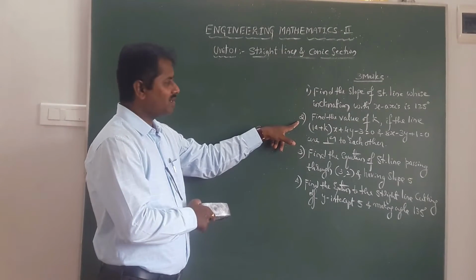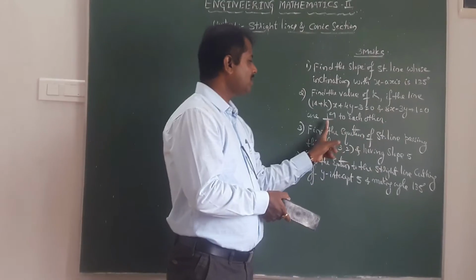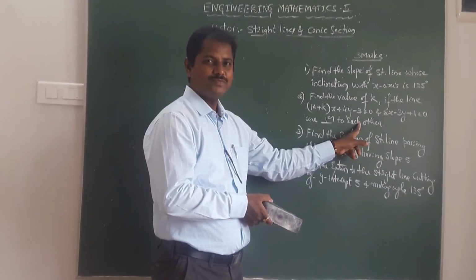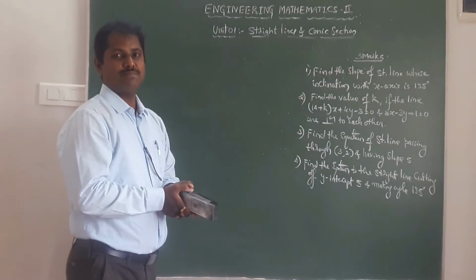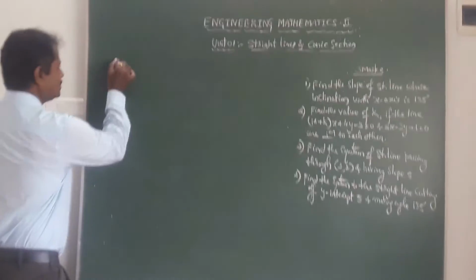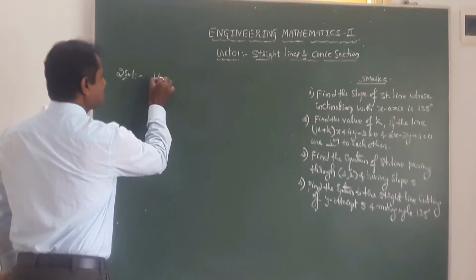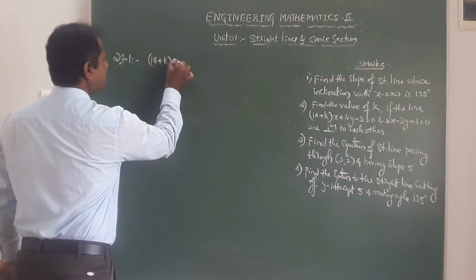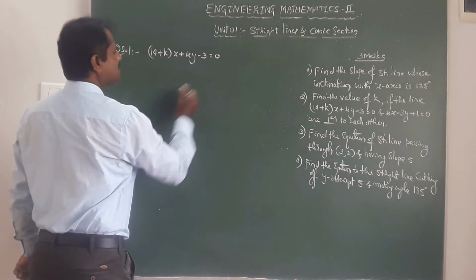See, the second question is, find the value of k if these two lines are perpendicular to each other. How to find the value of k if the lines given are perpendicular? The first line is (14 plus k) x plus 4y minus 3 is equal to 0.